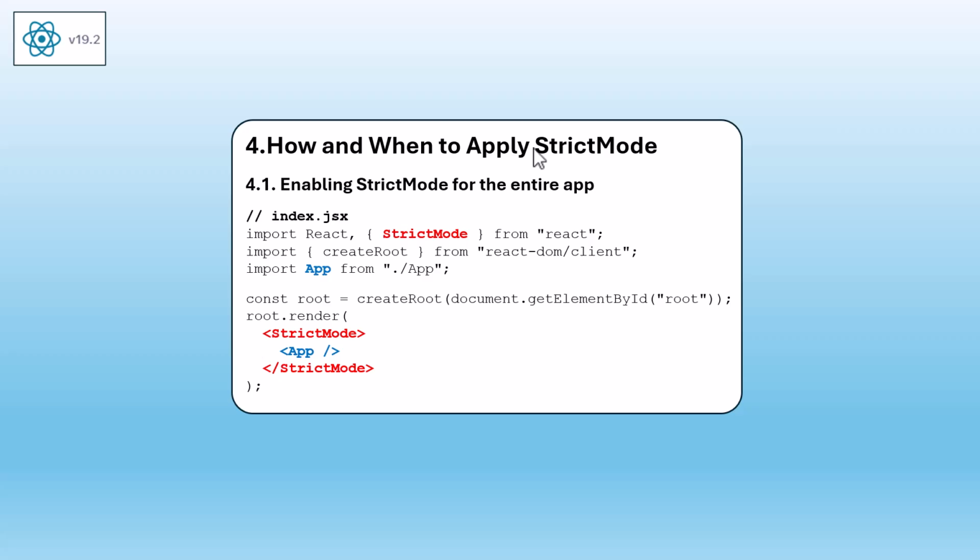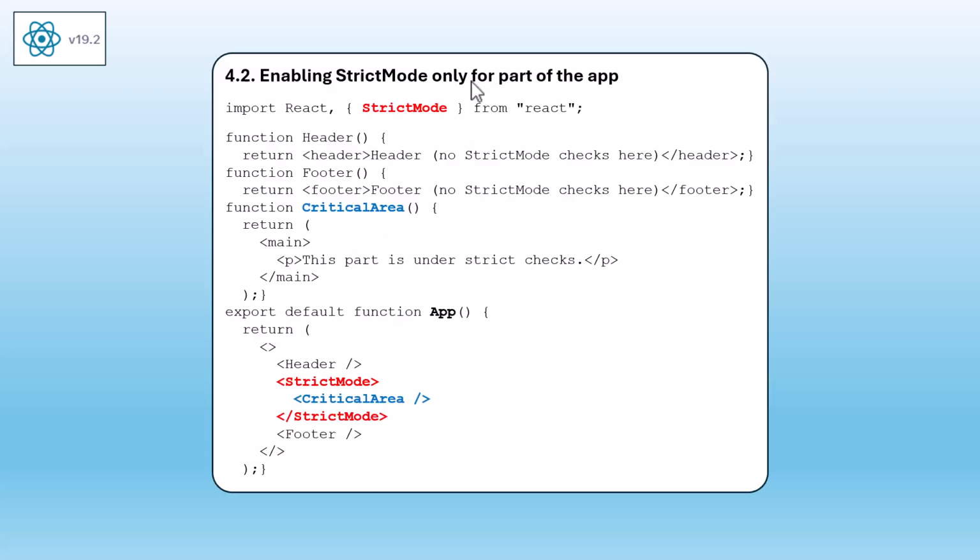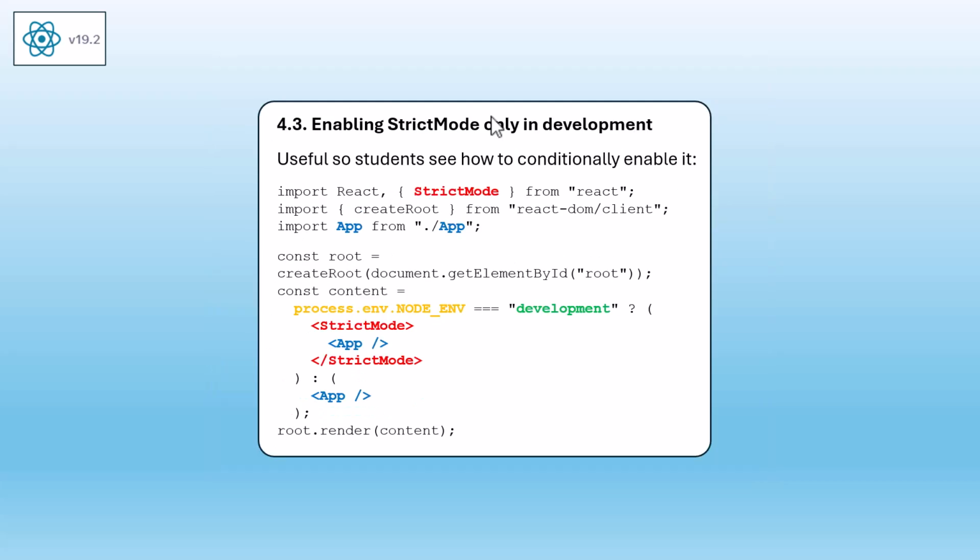It can be applied to the entire application or only to specific parts. This gives us control over which parts of the code should be monitored more thoroughly. In team environments, if there is disagreement about enabling it globally, it can be introduced gradually or on a per-module basis, keeping consensus in mind.